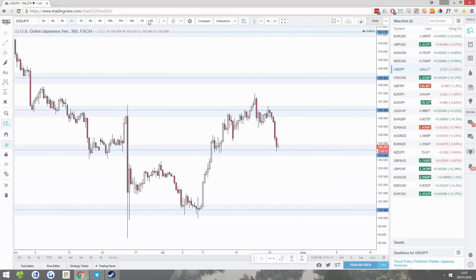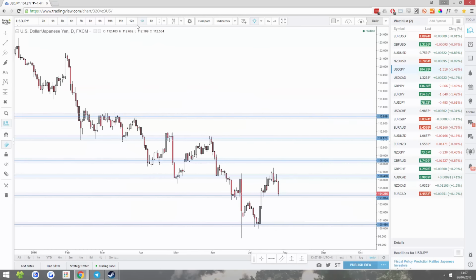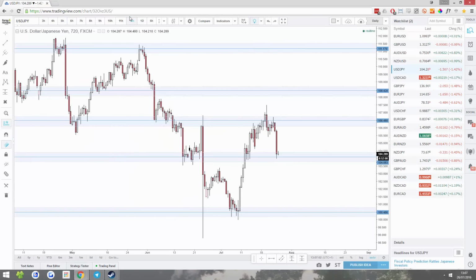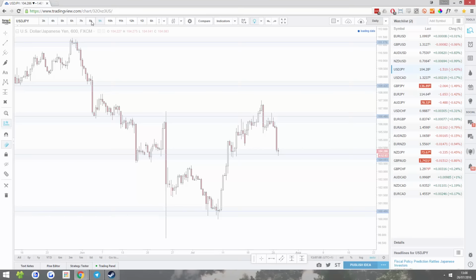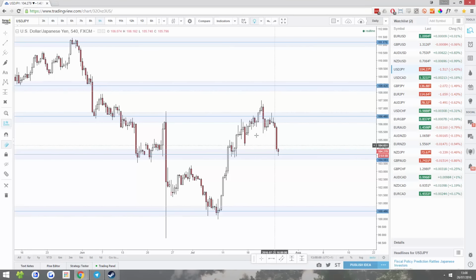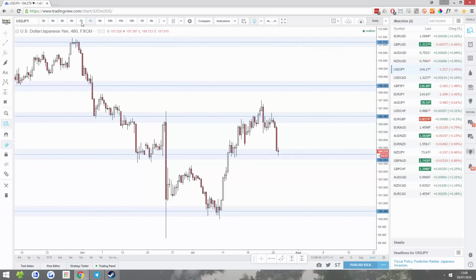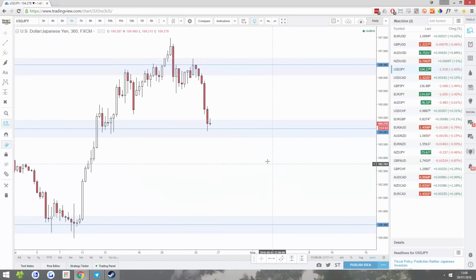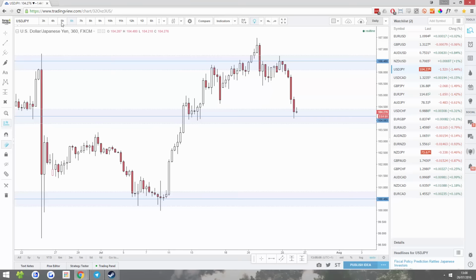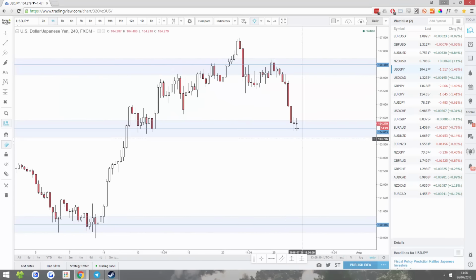All right, let's look at USD JPY. Now, as we already have seen before I started recording, we do have something happening here on USD JPY. It's actually looking pretty good for a reversal. So on the 6-hour, we could quite clearly see price stalling, but on the 4-hour is where this looks really good.